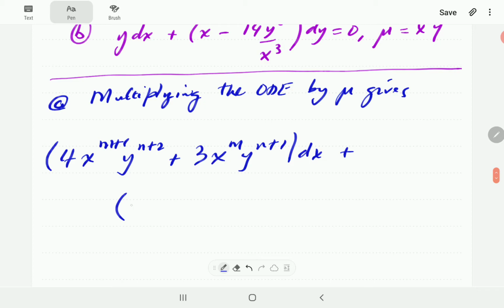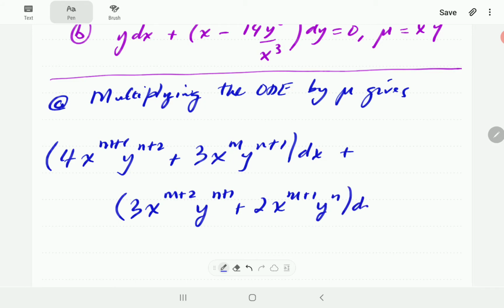The second term is going to be (3x^(m+2) y^(n+1) + 2x^(m+1) y^n) dy, equal to 0.